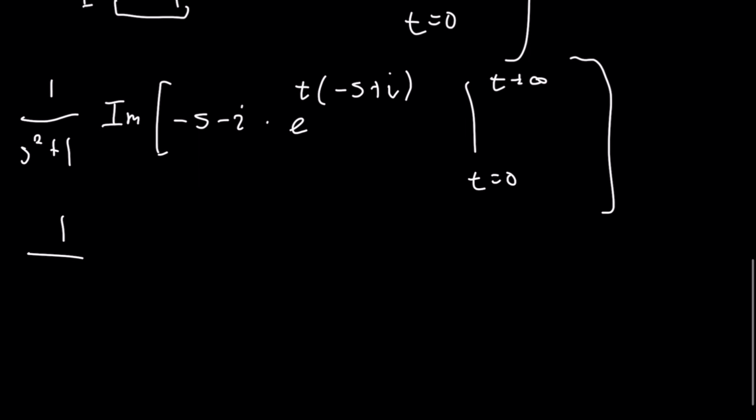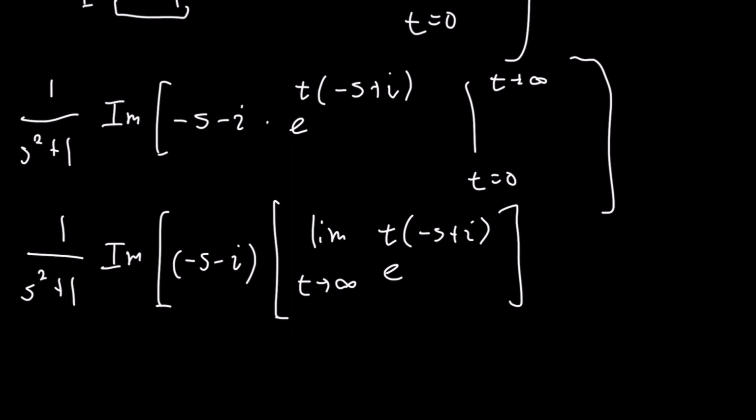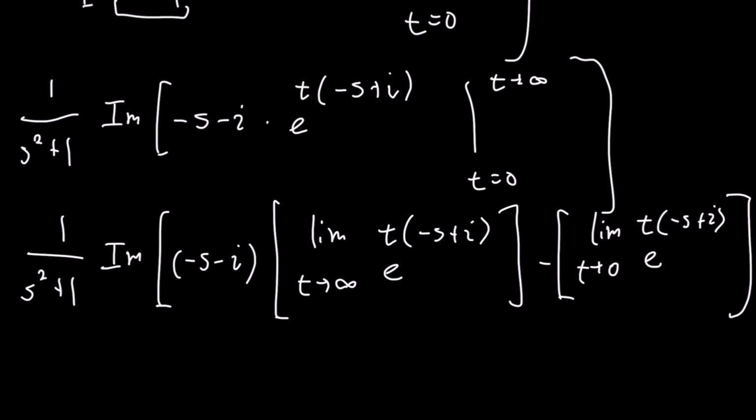So this will be 1 over s squared plus 1, the imaginary part of negative s minus i, times the limit as t approaches infinity of e to the t times negative s plus i, minus the limit as t approaches 0 of e to the t power times negative s plus i.